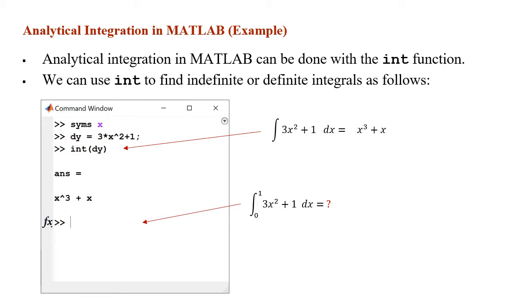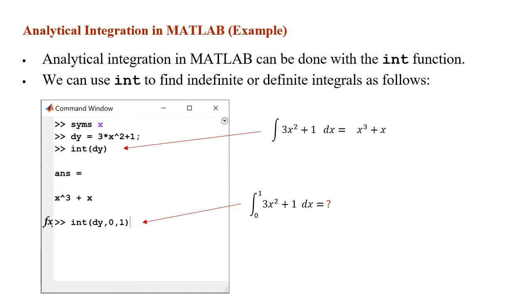Now, if we want to calculate the same integral, but this time as a definite integral with the limit 0 until 1, we can use the same function int dy, but this time we need to provide it with the limit of the integral xmin and xmax as such.